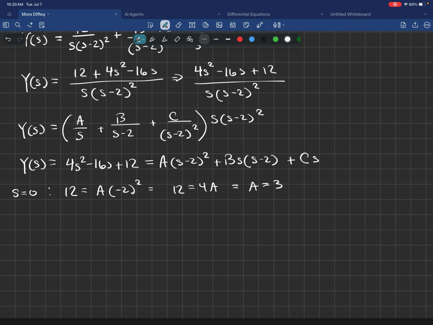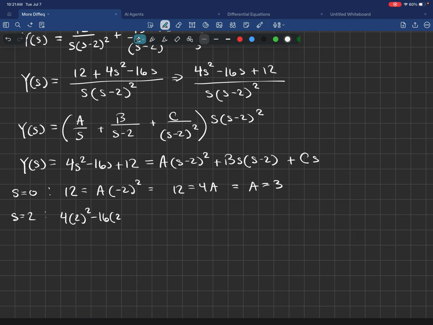So now if we set s equal to 2, again, we're taking a guess so that we can simplify this down. So 4, 2 squared.